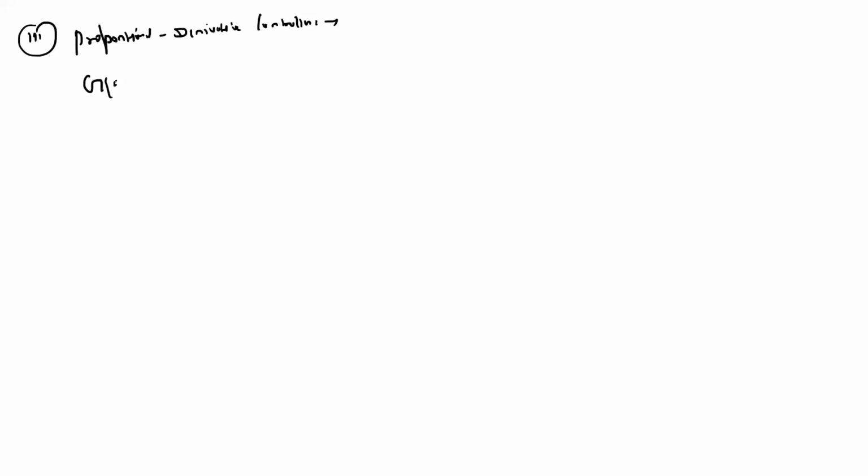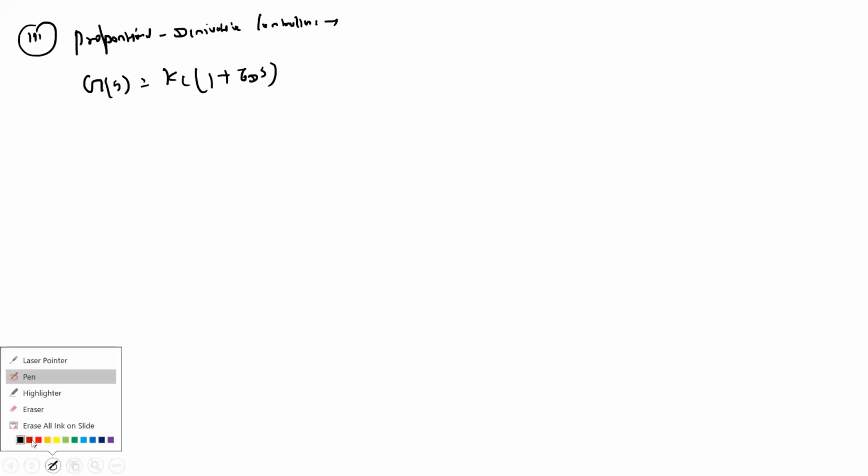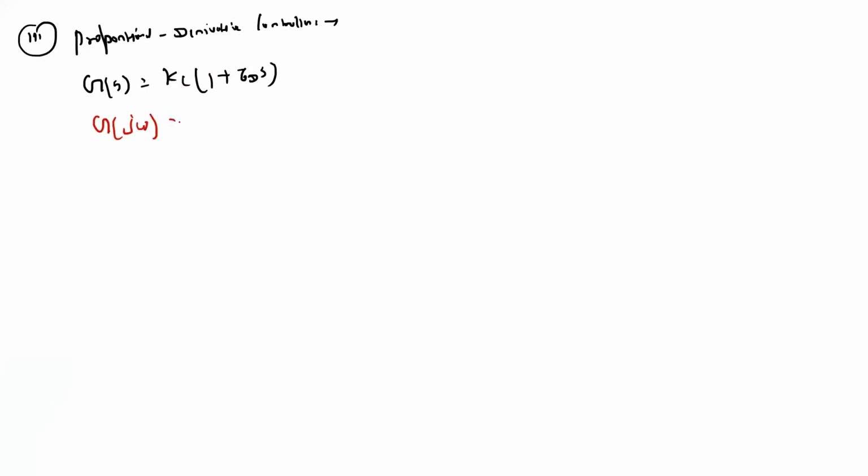The transfer function of the controller will look like Kc into 1 plus tau d s, where tau d is your derivative time constant. If I want to calculate G of j omega, I can write Kc into 1 plus tau d j omega.